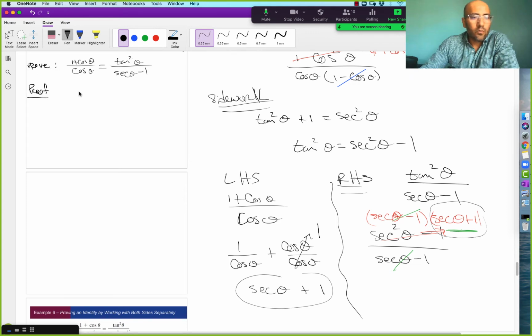Okay, so then here's our formal proof. We're going to start on one side. How about this side? Tangent squared theta over secant theta minus 1.